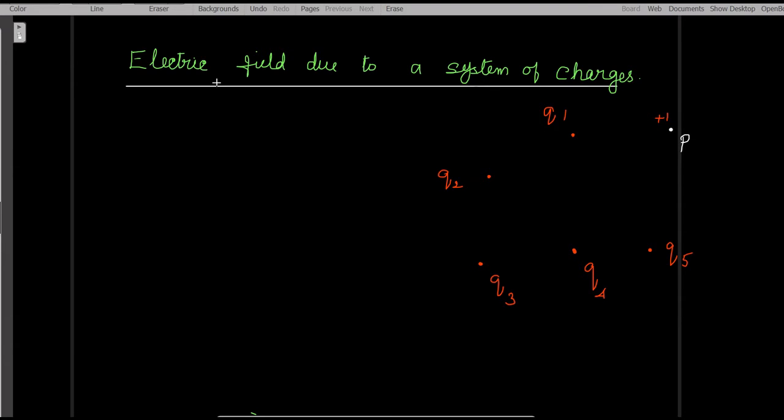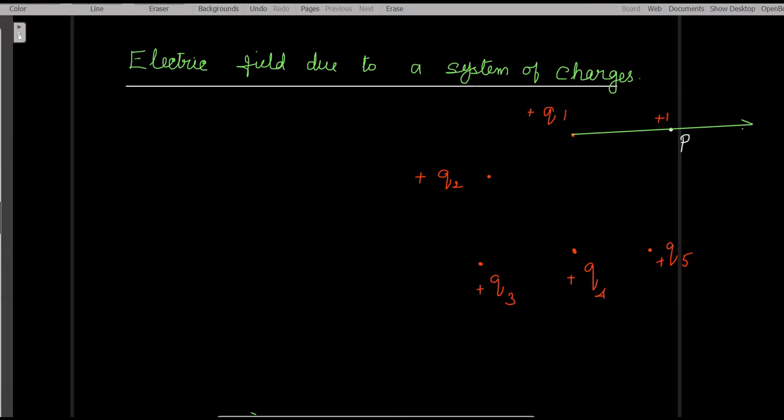Due to each charge, the unit positive charge experiences a force. Imagine these charges are positive charges. Now, due to Q1, the unit positive charge is repelled.